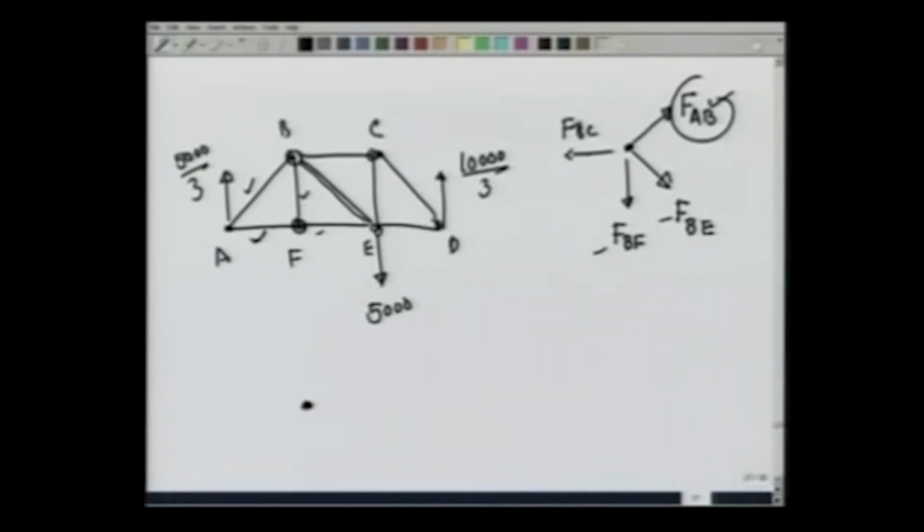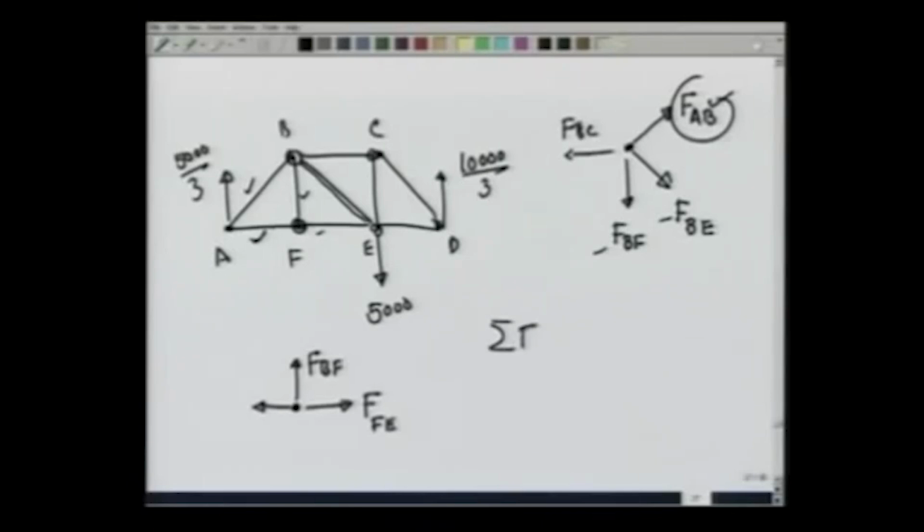at point F there is one known force FAF, and FAF we had determined it to be a force which is tensile, and therefore it pulls the pin at F in this direction. There is a force FFE, and there is a force FBF.